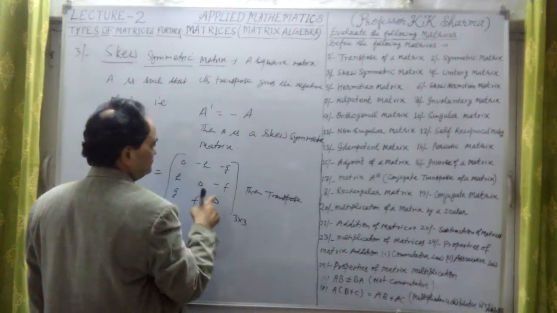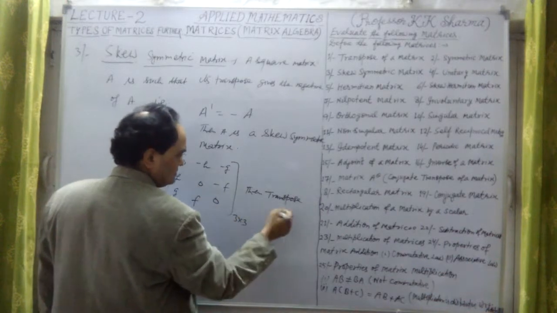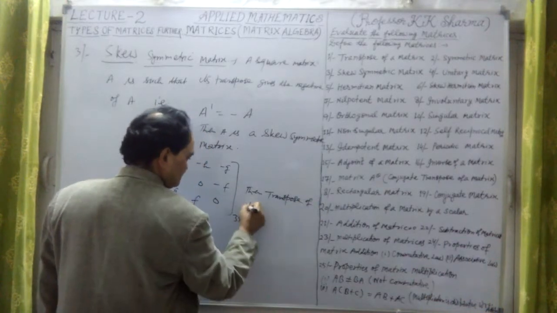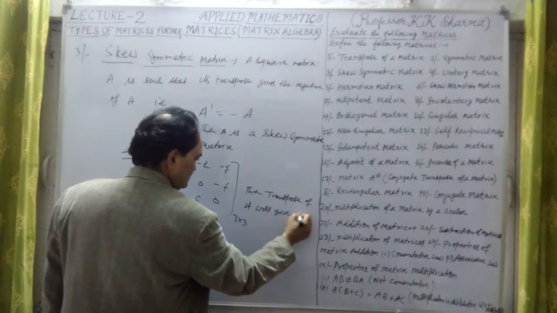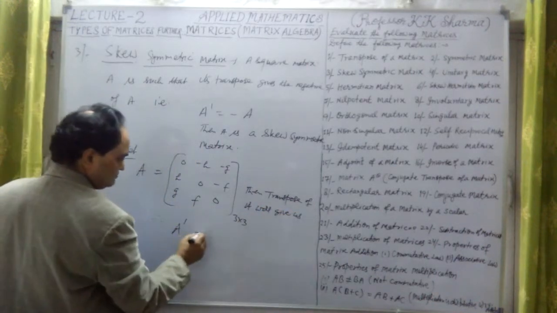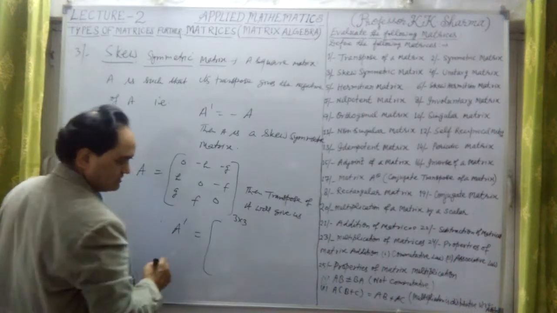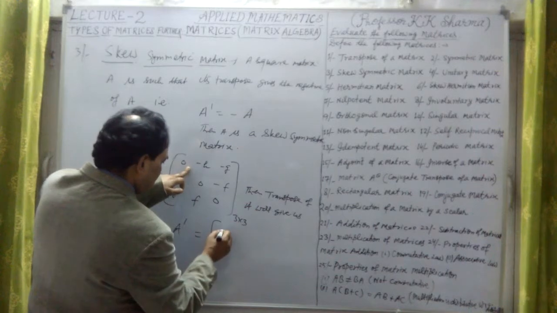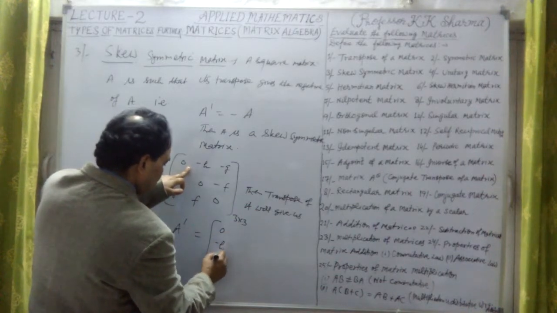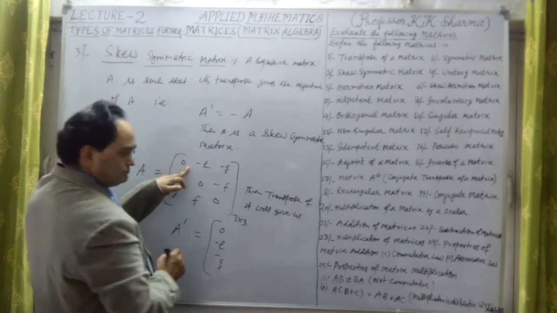Let A be this square matrix, then the transpose is A transpose, where the first row becomes the first column, that is 0, minus H, minus G.